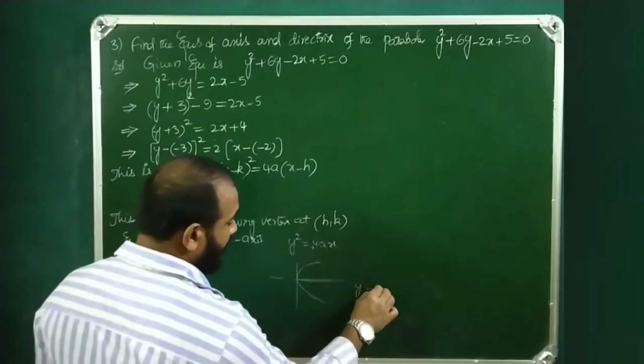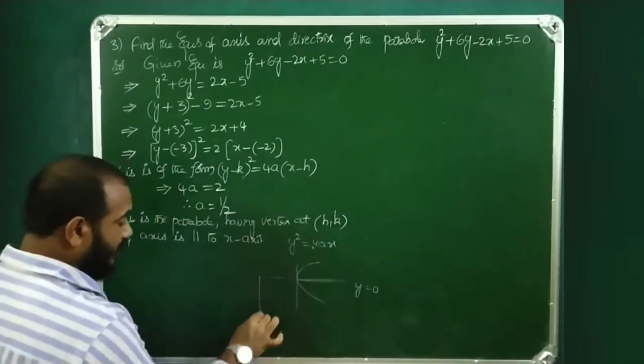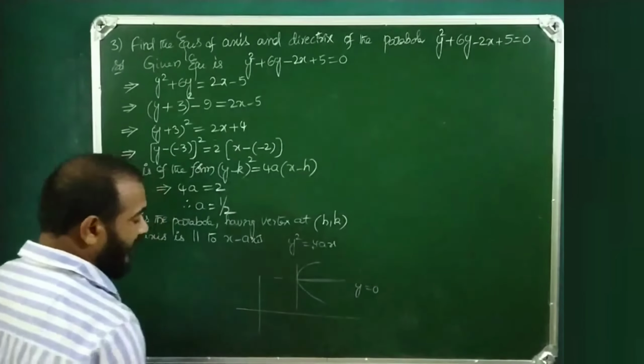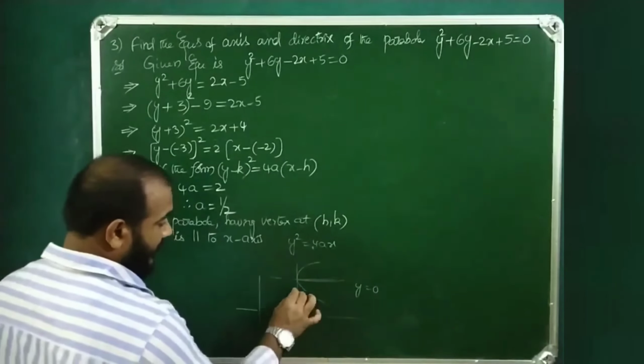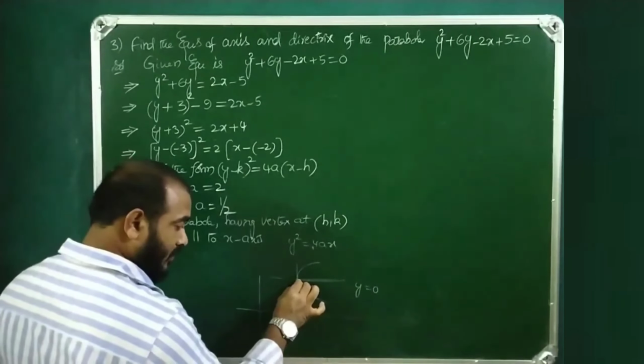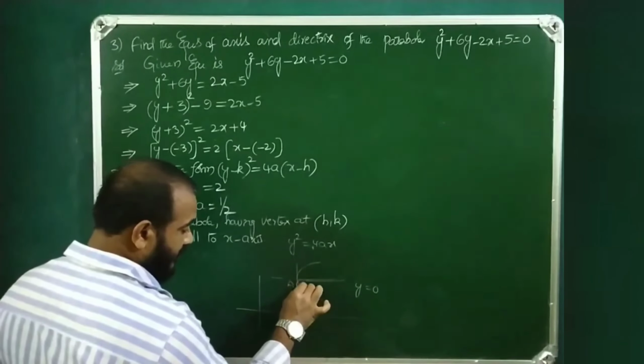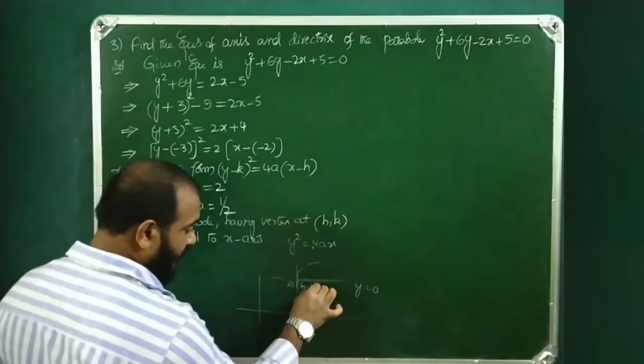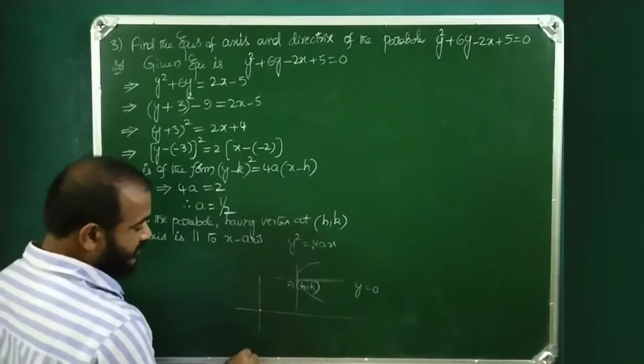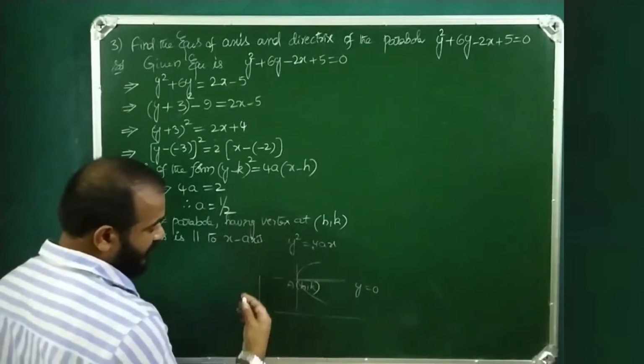X-axis is y equals 0. But here the situation is something like this. The vertex is no more at the origin. It is other than 0, 0, which is h comma k, and this is the origin here.